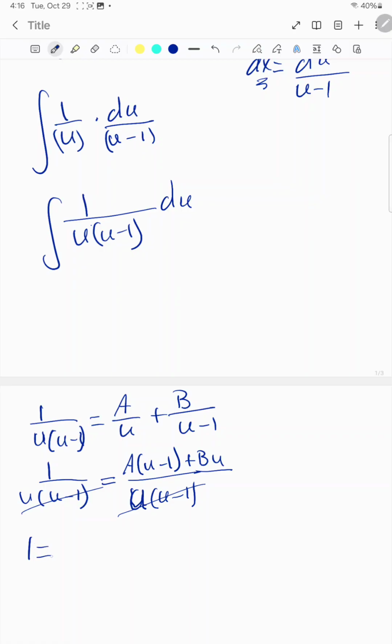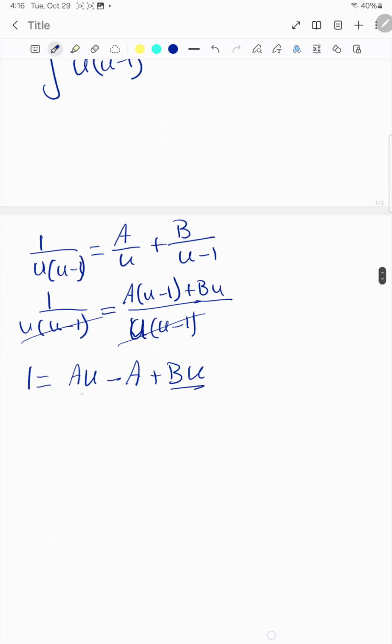So I would have 1 equal to au minus a plus bu. Now bu and au have u in common, so I can factor out u. So 1 equals a plus b, factoring out u, minus a.